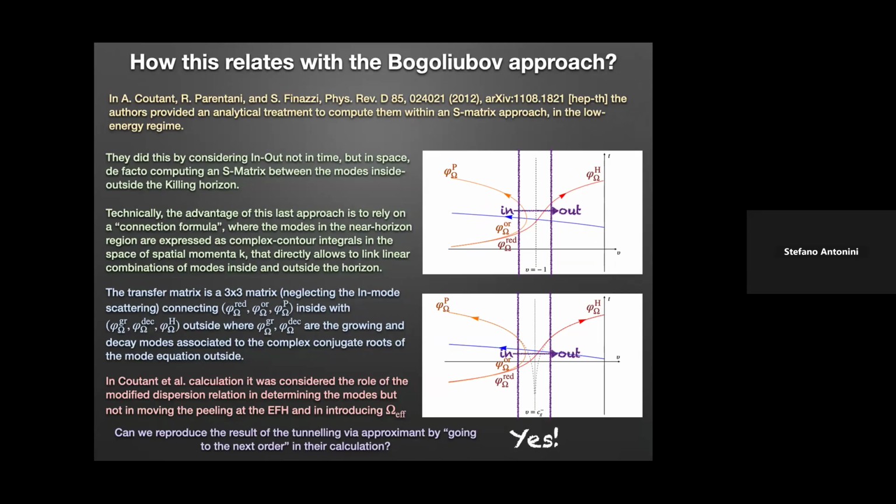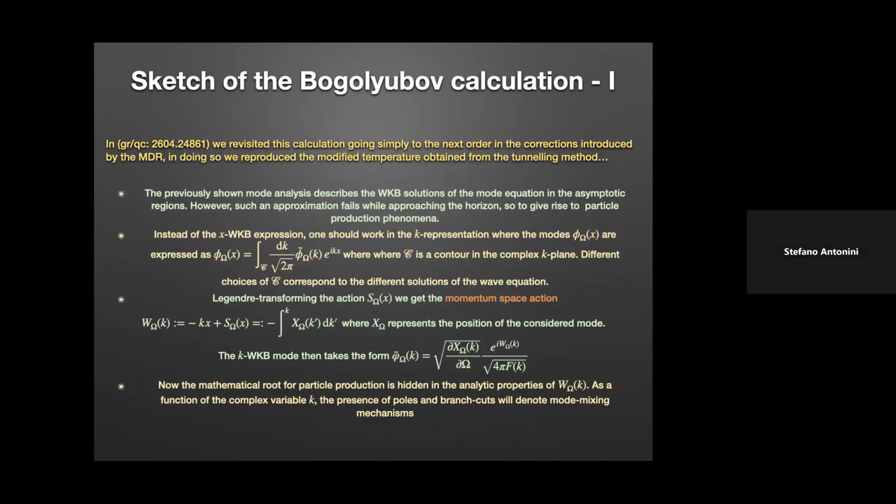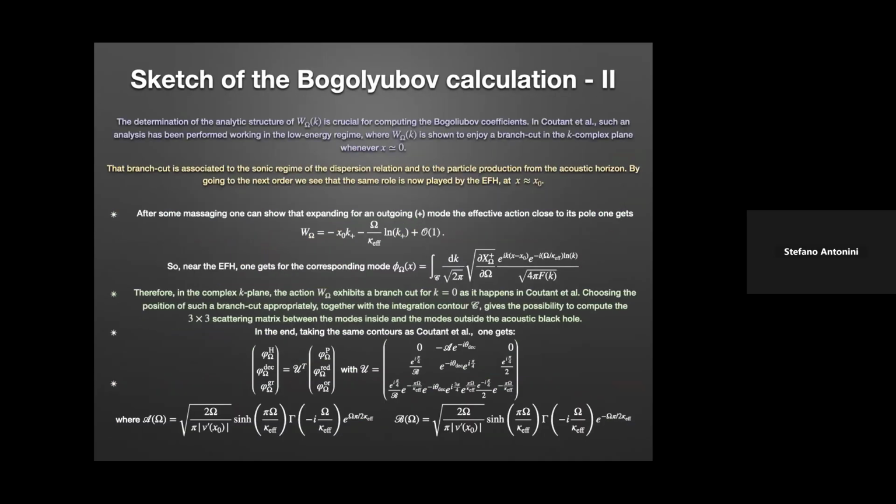I told you that there are two real modes, but there is also a complex conjugate pair corresponding to a growing mode and a decaying mode. So we followed step-by-step their analysis, just going to the next order, taking into account the shift of the Killing horizon and the fact that the lingering is happening around the effective horizon. You go to momentum space to do so, because there the WKB approximation always holds.